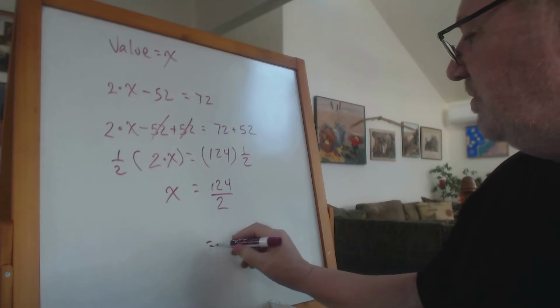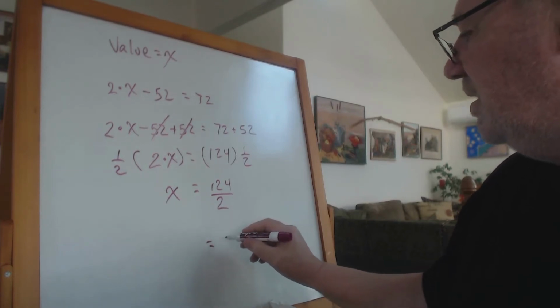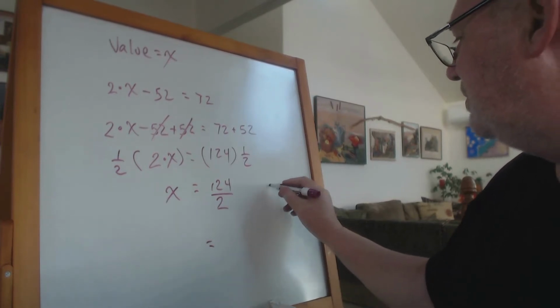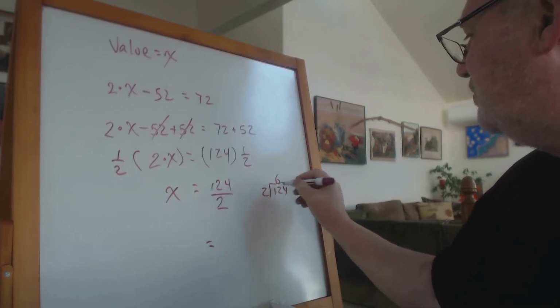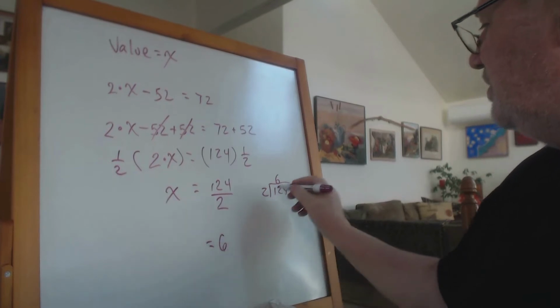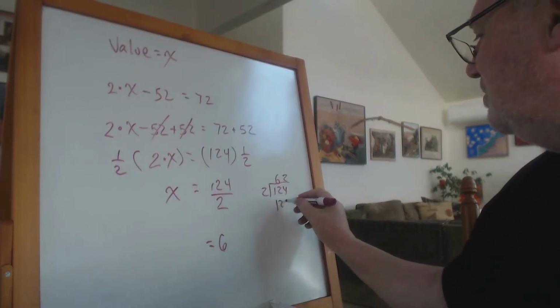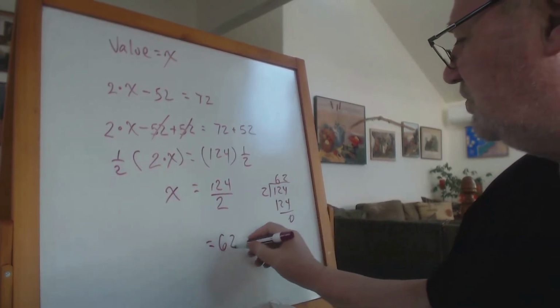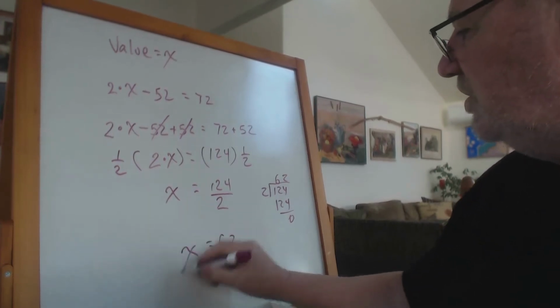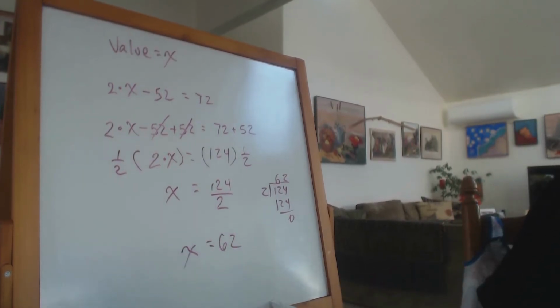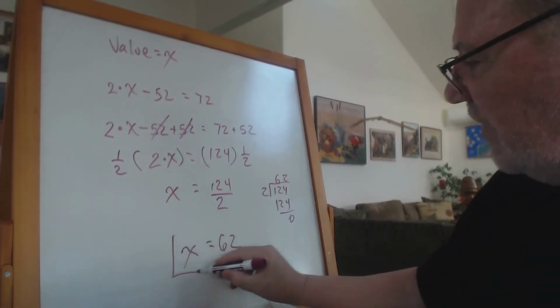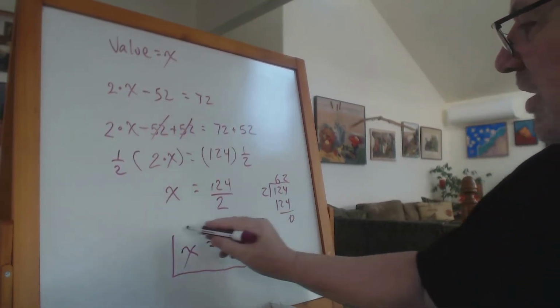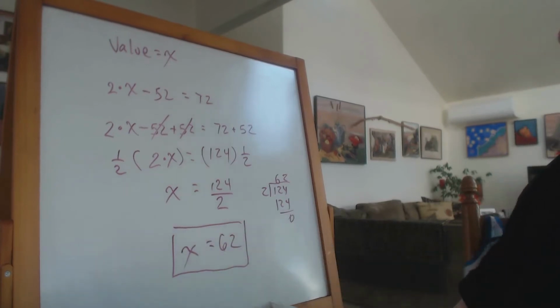124 divided by 2, that's 62. So x equals 62. There we go. That's our solution. We found the value that we have been looking for.